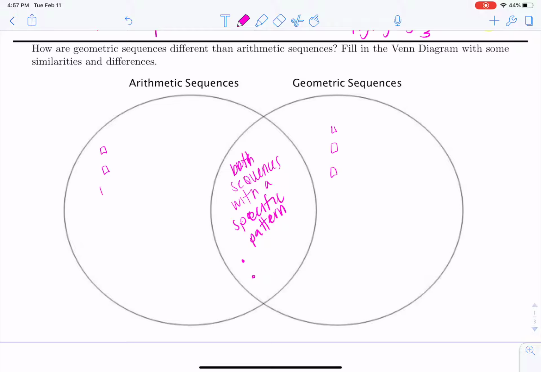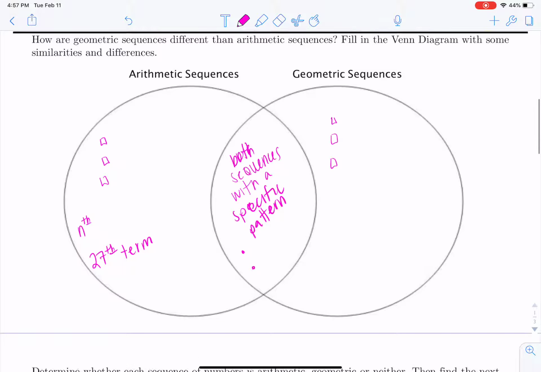And I kind of want you to just information dump everything that you remember about arithmetic sequences, right? Remember that if I had an arithmetic sequence and I wanted to find, let's say, the nth term. So instead of finding the 27th term, I could find the nth term, and we had an equation for that. So I'm wondering if you can remember what that equation was.